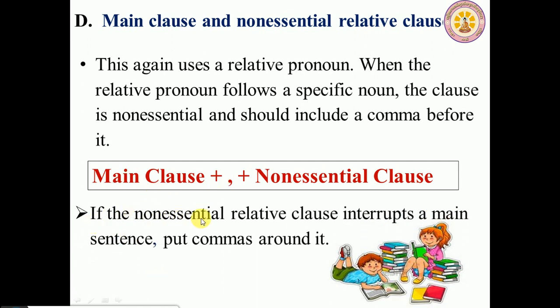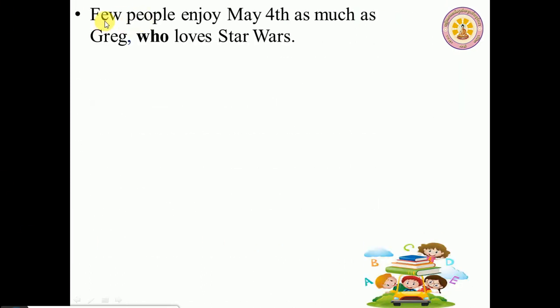If a non-essential relative clause interrupts a main sentence, put commas around it. Example: Few people enjoy Star Wars as much as Greg, who loved Star Wars. So who loves Star Wars is the relative clause.